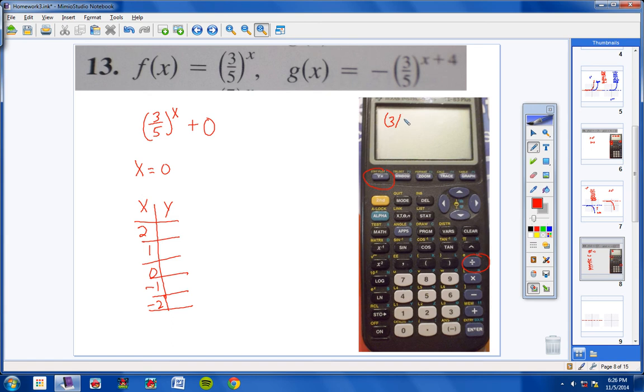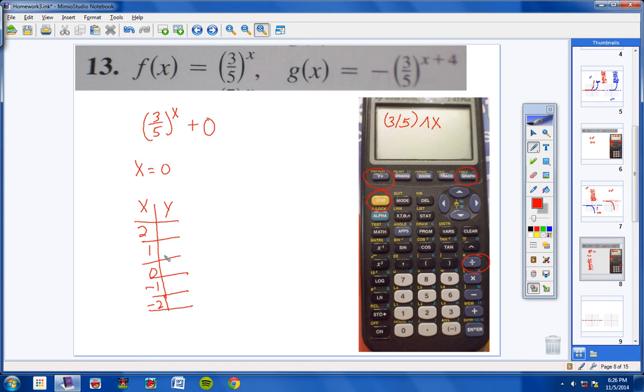And then 5, and then close the parentheses. Then hit arrow for your exponent, and then hit x. Now you can put parentheses if you want around the x, but you don't have to. You can just put x if you want to. Okay, totally up to you. So if you do that carefully, then hit second, and then graph, your table of values will pop up.